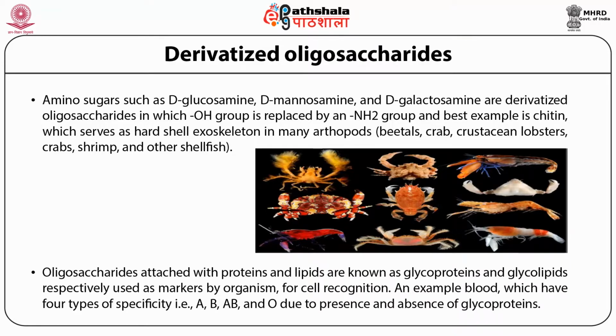When oligosaccharides are attached to the protein or lipid of the plasma membrane, they protrude outside to catch signals, and they pass the caught signal across the plasma membrane to the inside cascade so that the signal can be processed further. For example, blood has 4 types, A, B, AB and O, due to the presence and absence of glycoproteins.